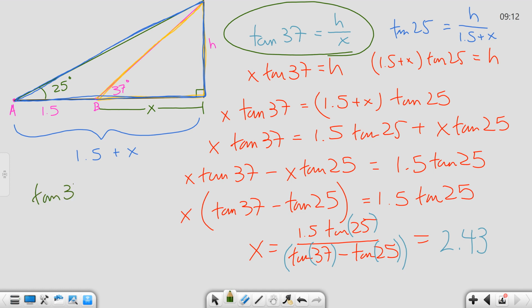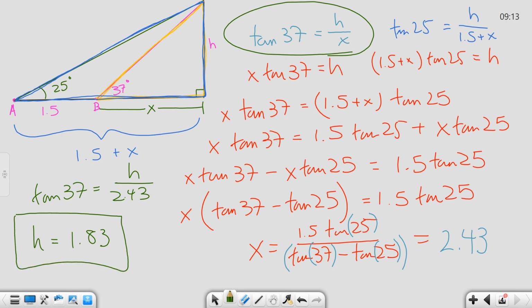Tangent of 37 is equal to h over that answer that you stored, 2.43. So I'd come over to my calculator and I would go that times the tangent of 37. And it turns out that that mountain is 1.83 miles high. There's my final calculation.